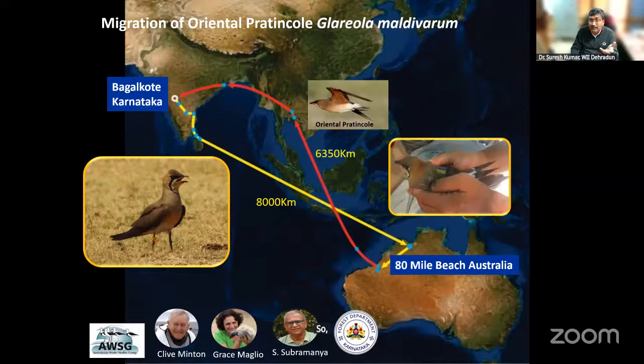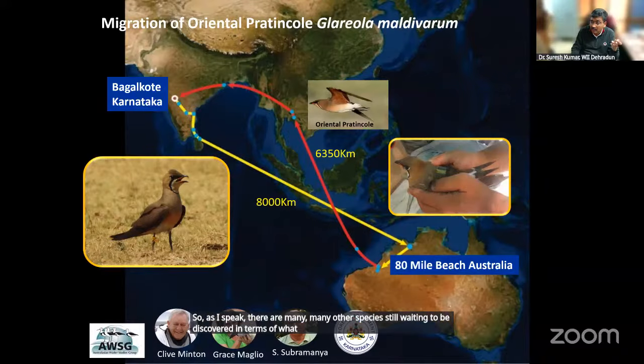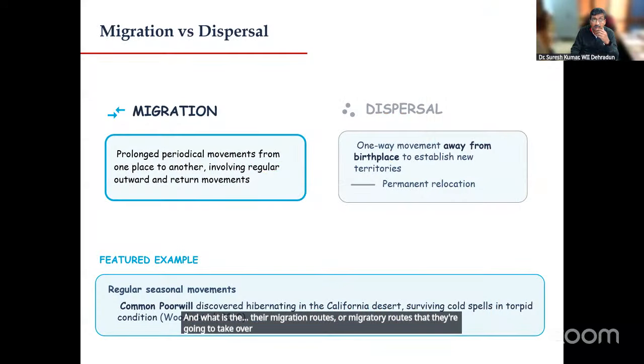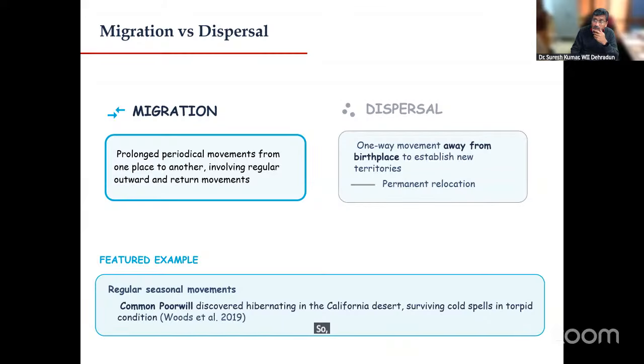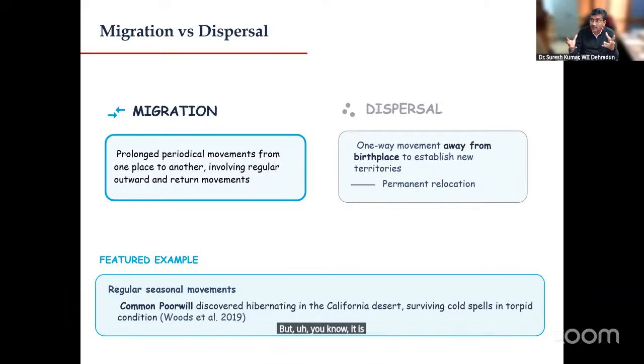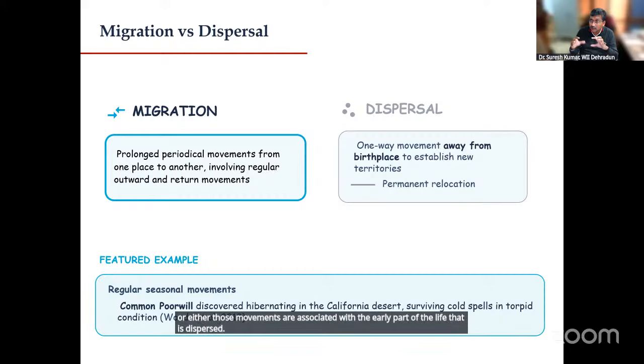As I speak, there are many, many other species still waiting to be discovered in terms of what their strategy is and what migratory routes they're going to take. So often when we talk about migration, people do get confused with a few birds that do move, but those movements are either nomadic or associated with the early part of life, that is, dispersal.